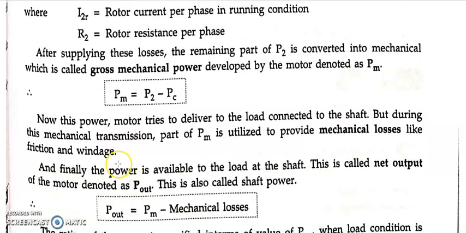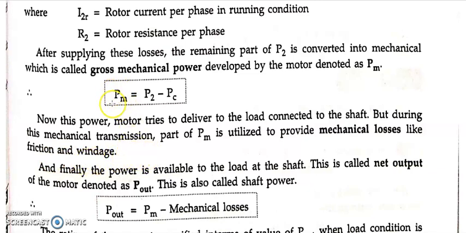And again we know that the gross mechanical power, as the name itself indicates, is gross. So some amount of mechanical power from the gross mechanical power is utilized in supplying losses. Where are the losses again? Yes, the losses occur in the shaft, in the bearings, to supply the friction as well as windage losses.